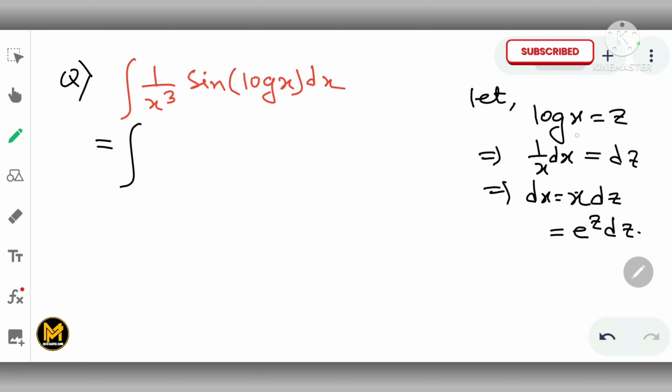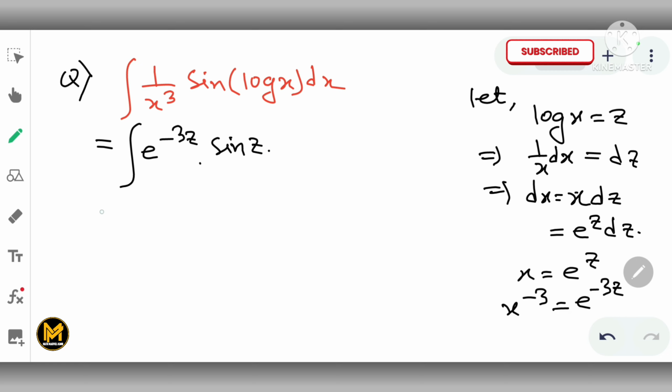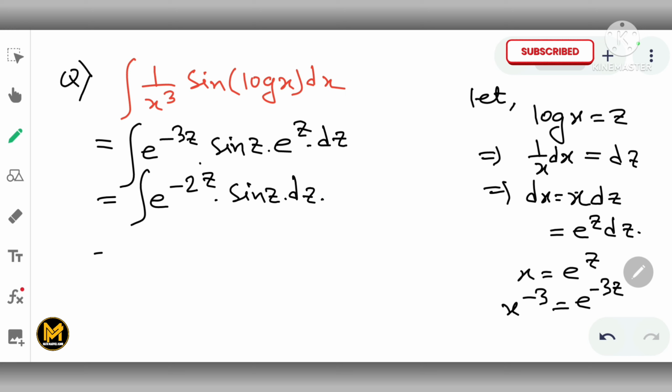Now 1 by x cube, since x is equal to e to the power z, so x to the power minus 3 will be equal to e to the power minus 3z. So e to the power minus 3z is substituted. Now sine of log x will be sine z, and dx will be equal to e to the power z into dz. Once simplified, it will give e to the power minus 2z into sine z dz.